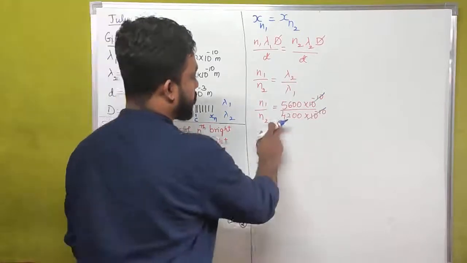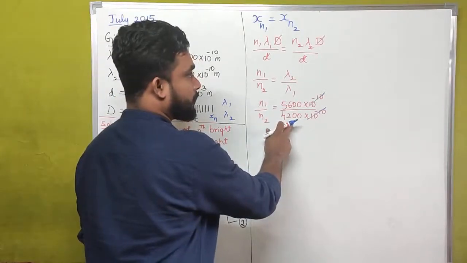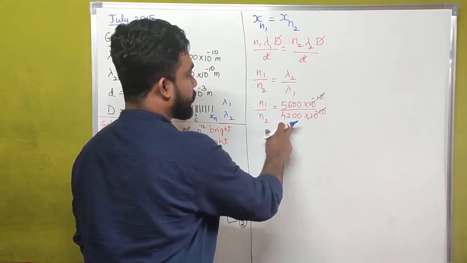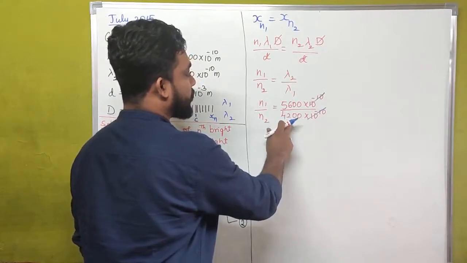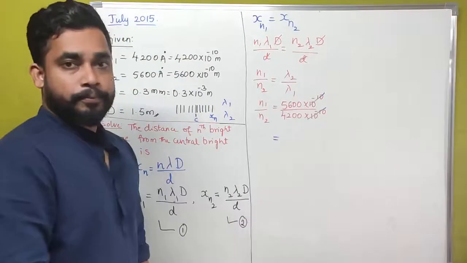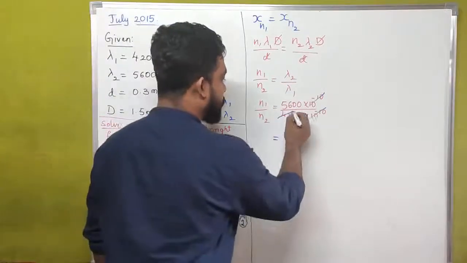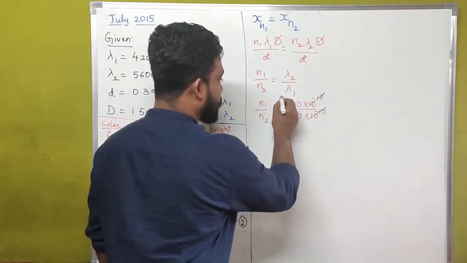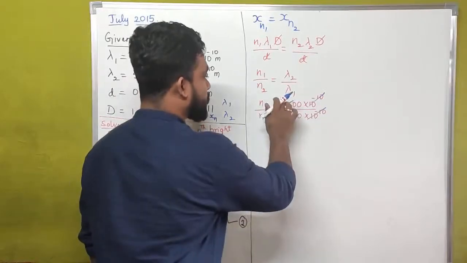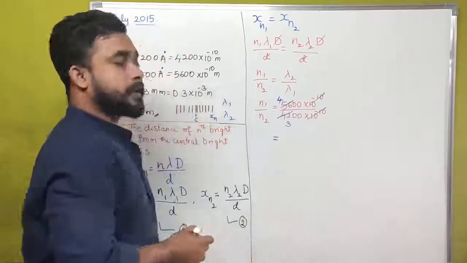This is 14, 28. 14 3s are 42, 14 4s are 56.